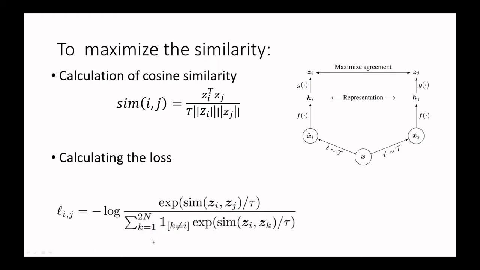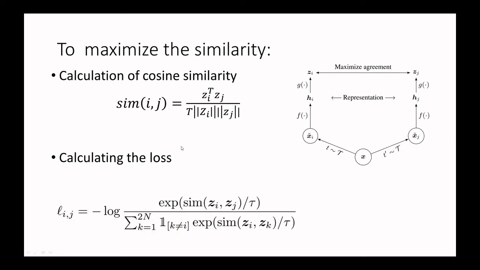Notice that the denominator is the sum of e to the power of the similarity of all the pairs, including the negative pairs, where negative pairs are obtained by creating pairs between our augmented image and all the other images in our batch. And at last, we wrap this value in a minus log function so that we can minimize this loss function.